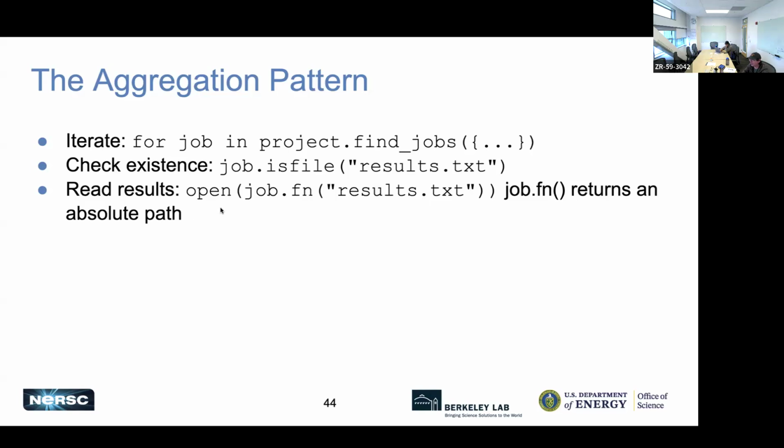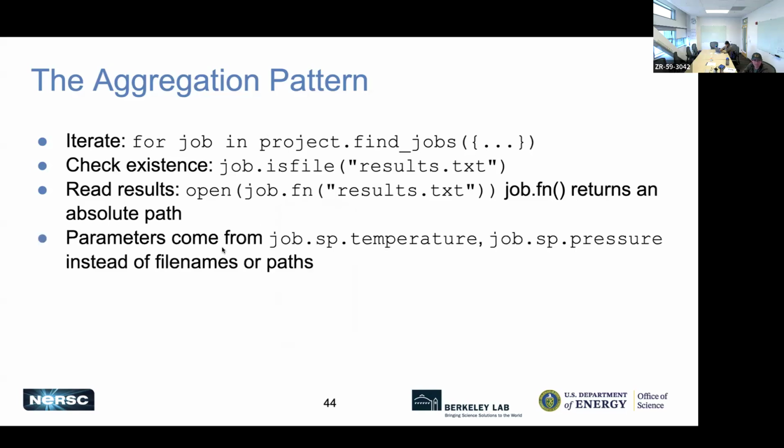So now we've got the results.txt open for whichever job we're looking at in the loop. That job has this state point accessor, and that'll give you access to the temperature, the pressure, or whatever. So that's how you get the details of whatever parameters actually went into those results.